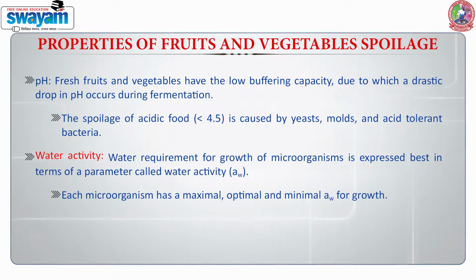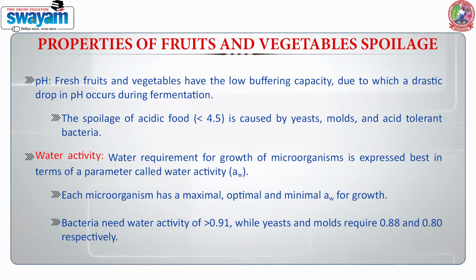Each microorganism has a maximum, optimum and minimum water activity required for growth. Bacteria, for example, need a water activity greater than 0.91, whereas yeast and molds require lower water activity, ranging from 0.88 to 0.80 respectively.